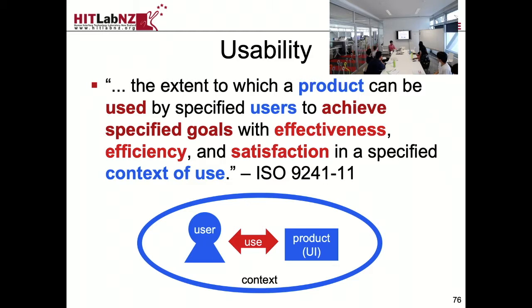ISO, the International Organization for Standardization, says that usability is the extent to which a product can be used by specified users to achieve specified goals with effectiveness, efficiency, and satisfaction in a specified context of use. Can you see that specified?